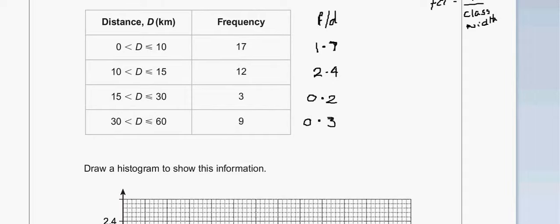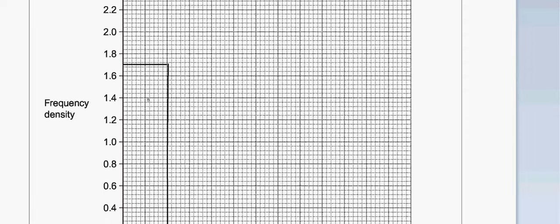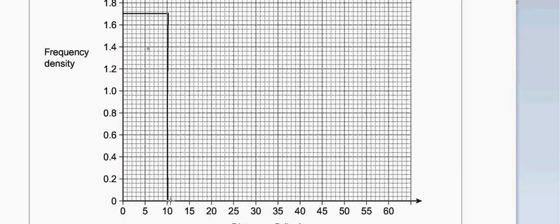Now 10 to 15 is 2.4. So we're going to have a very narrow bar here.